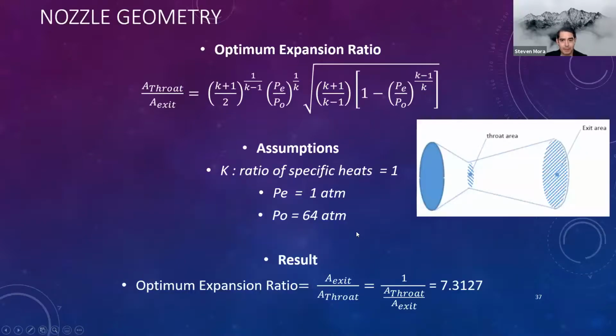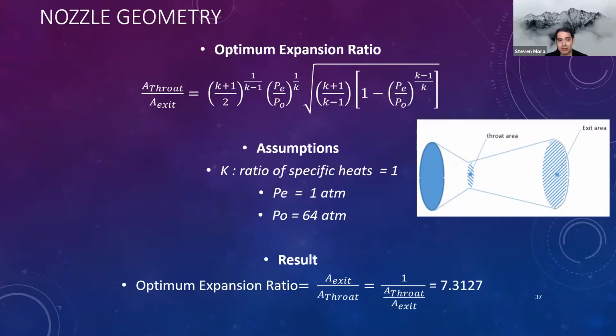Continuing on forward, with respect to the nozzle, I'd like to go into more detail on how we arrived at the throat area and the exit area. There are some equations we need to consider in order to arrive at an efficient nozzle. There's an equation known as the optimum expansion ratio.